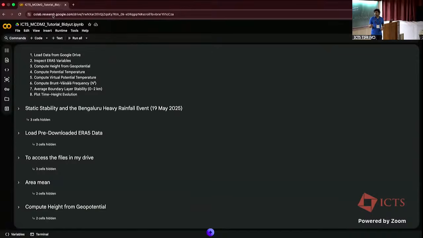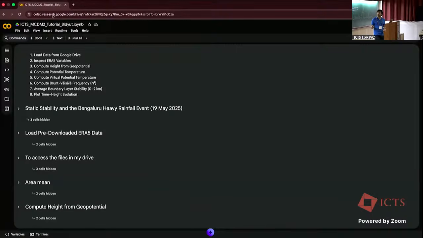So I'll be plotting the Brunt-Väisälä frequency. It's an indicator of the stability of the atmosphere. If you have a negative value, then our atmospheric column is unstable. If we have a positive value, then it's stable, but the lesser the value, the less the stability. And that's what we are going to do.